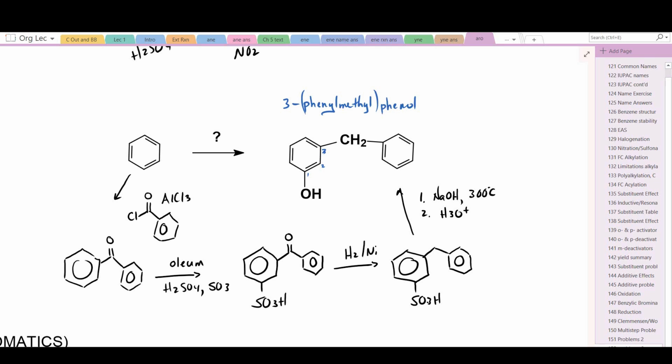Well, maybe, but be careful. Recall that the severity of this alkali fusion reaction is such that it says only alkyl groups will survive. I'm not sure about the fate of the carbonyl under those conditions, so it's safest to go reduction first to an alkyl group and then carry out the alkali fusion.